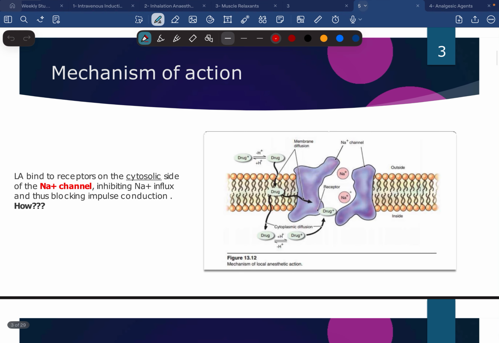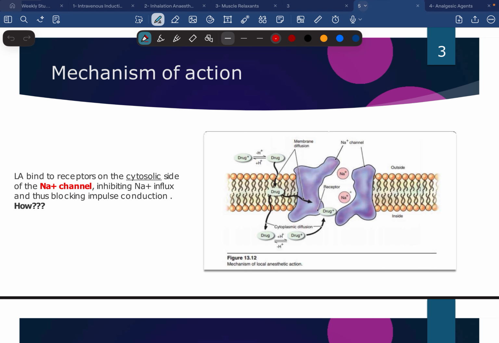How does it work? Anyone knows anything about local anesthetics? Sodium channels. But for it to get to the sodium channels, it needs to pass through the cell membrane to get to the cytosolic side.